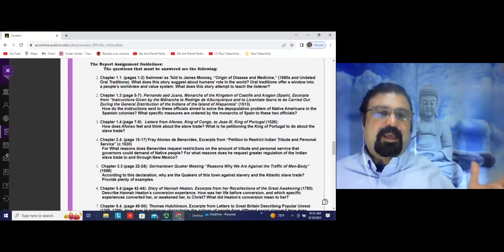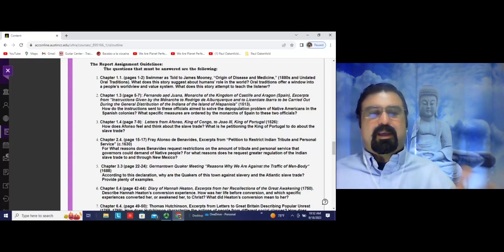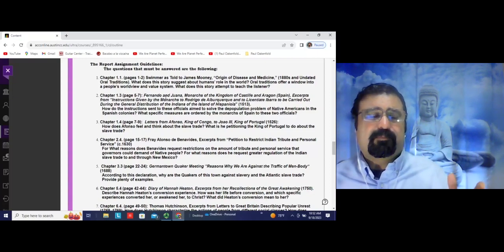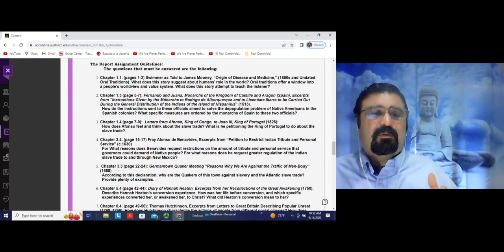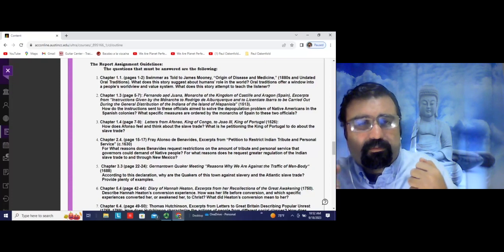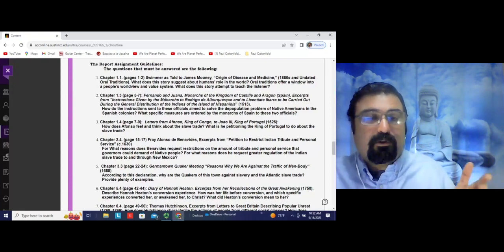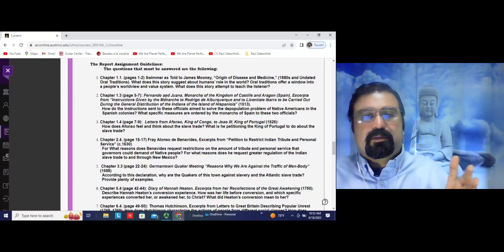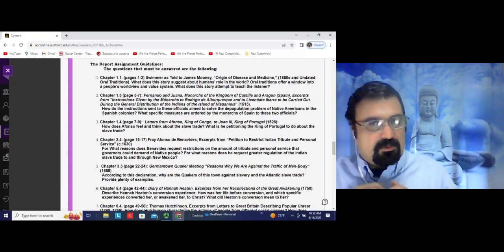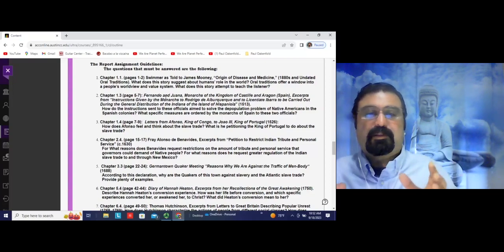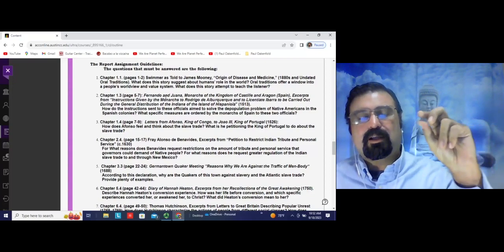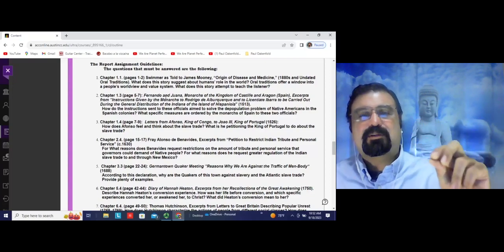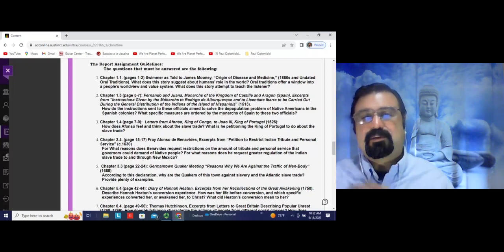Because if you're just writing the answers and you don't indicate which document you're working on, it's going to be very confusing. So it's not going to help me understand what you're actually addressing. So for clarity purposes, please indicate which document you're working on and then what question you're answering as well, one by one. That's the format.